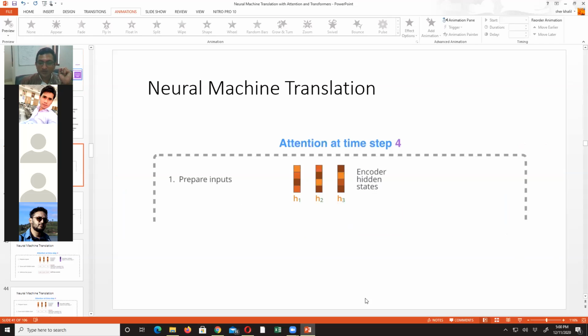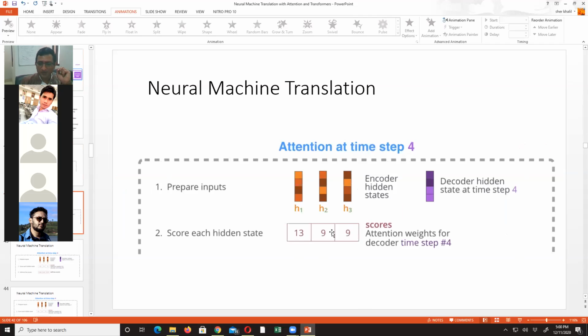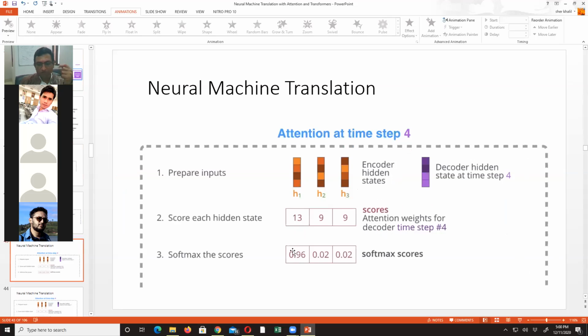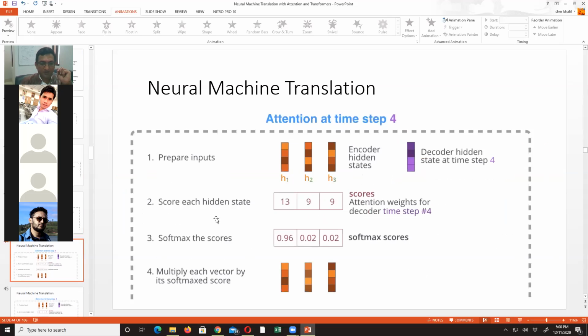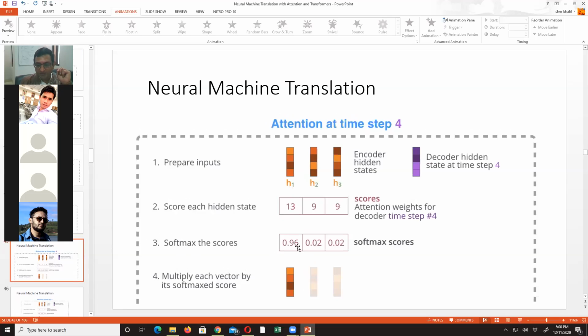So we have H1, H2, H3. Somehow we generated these scores. We softmax these scores, and then we multiply each of these softmax scores with these vectors. So these vectors have been produced because we have multiplied the softmax scores with these states.